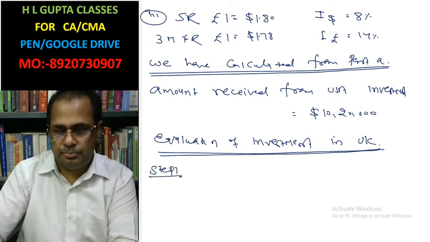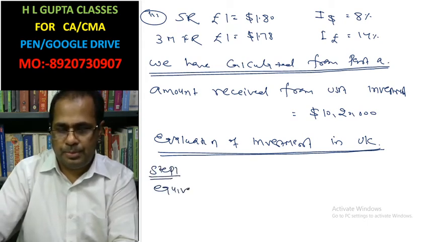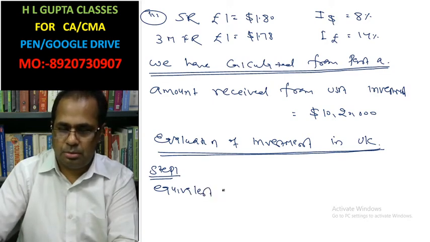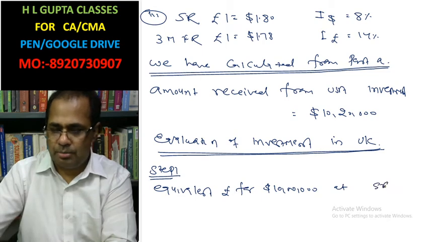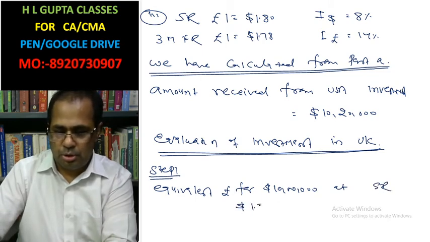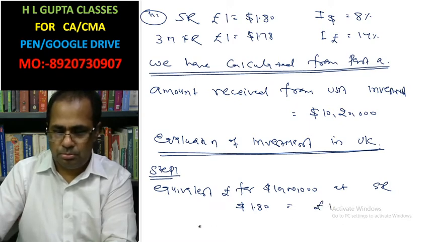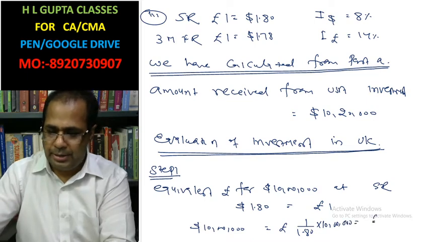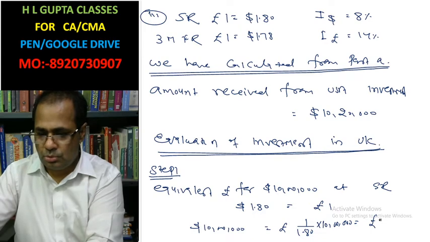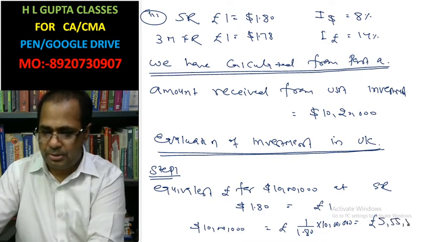Step 1, equivalent pound for $10 lakh at a spot rate of $1.80 equal to pound 1: $10 lakh divided by 1.80, that is pound 5,55,555.55. This much we had already done.